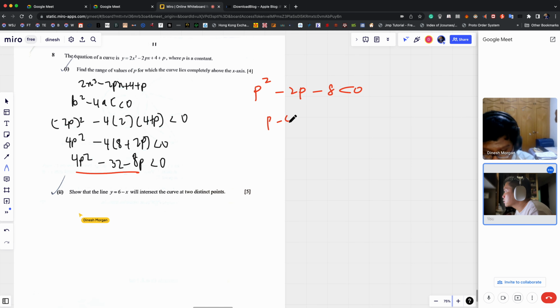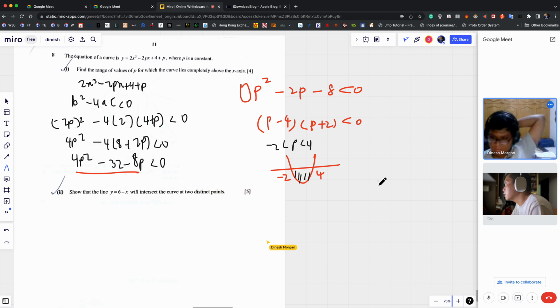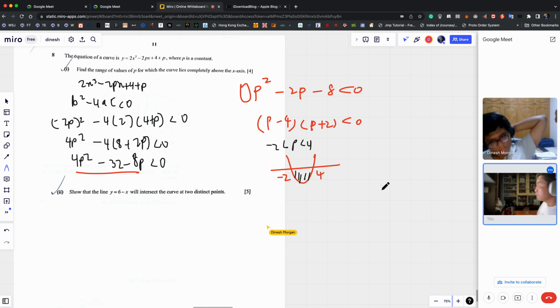So 2 and 4, so simple. P squared has a positive coefficient, so it's a smile face. So you have this in between minus 2 and 4, smaller than 0. That's why you shade below. Good. Next.